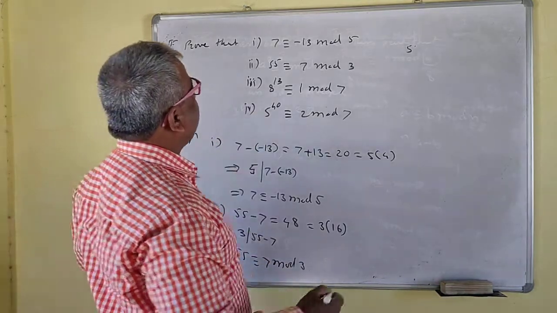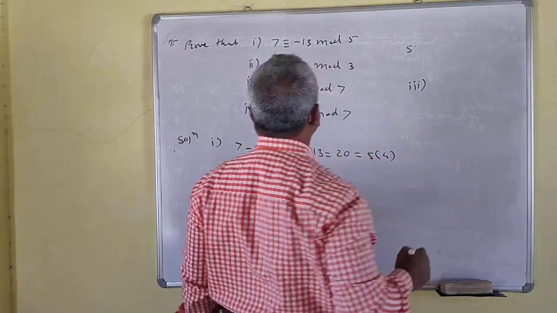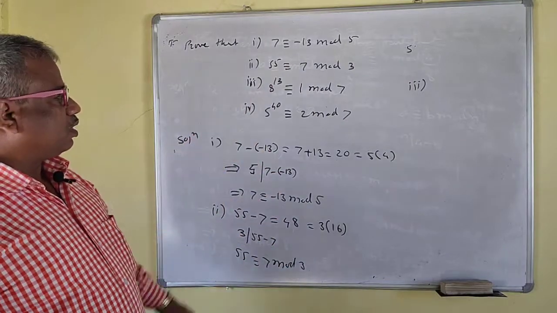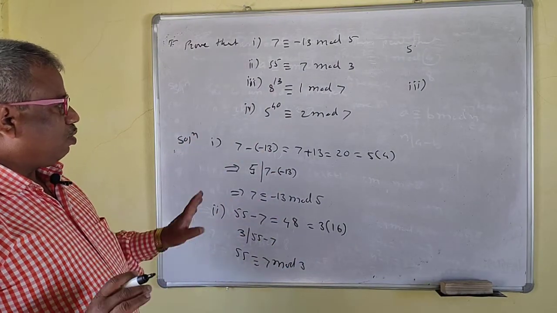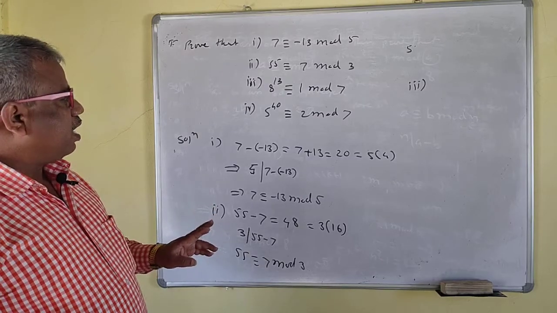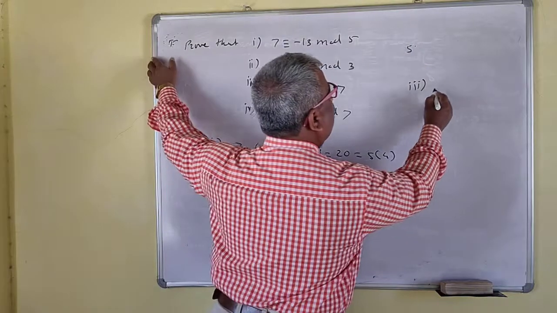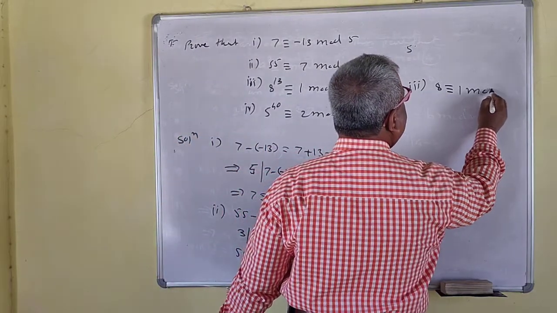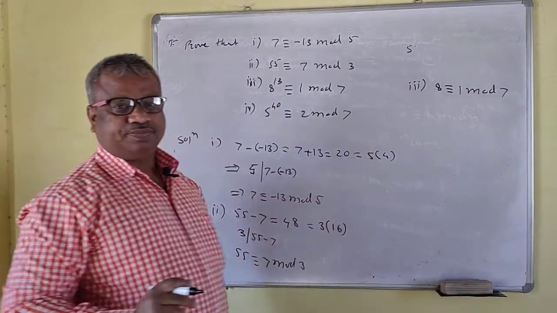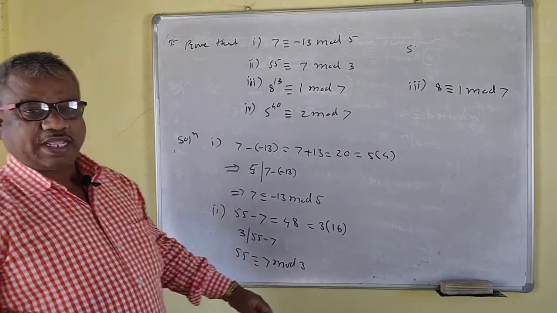Now the third one, 8 raised to 13. You have to do the calculation now. You cannot jump to 8 raised to 13 directly because it is not easy to find. So what we'll do? See, 8 is congruent to 1 mod 7, because 8 minus 1 is 7.